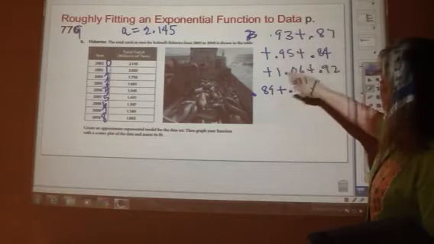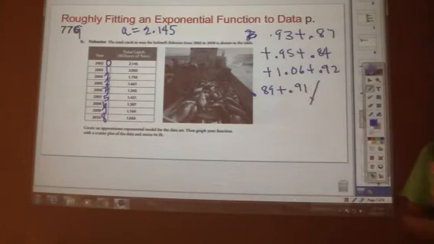1, 2, 3, 4, 5, 6, 7, 8. We would divide that by 8. And we would get approximately, you're going to have to do this, add all those decimals up, divide by 8, and that will give you your B equals.